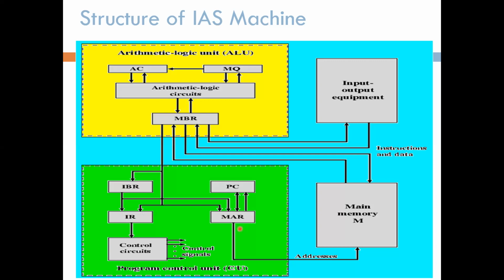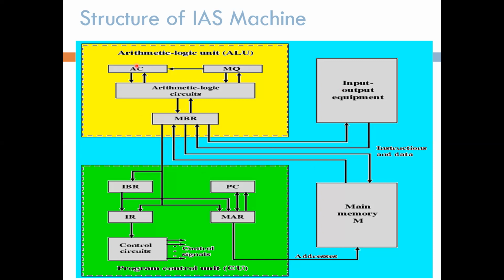And the MBR, which is this guy here, contains the word to be stored in memory or sent to the input-output unit, or is used to receive a word from memory or from the input-output unit. So this is really the one that interacts with the memory or the input-output unit. Once you have understood these terms, then the operation of it would be quite easy.